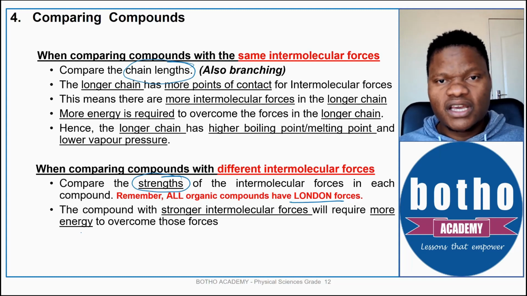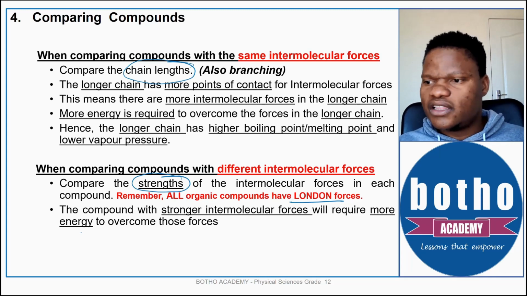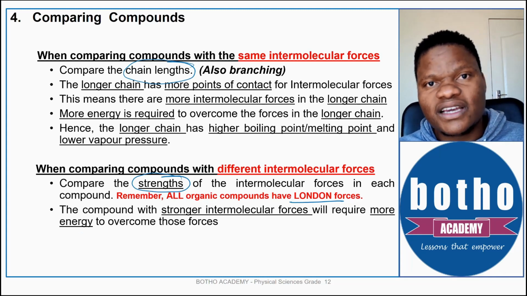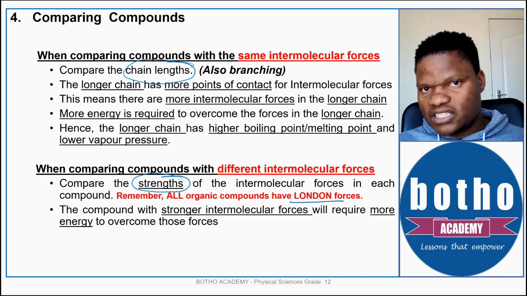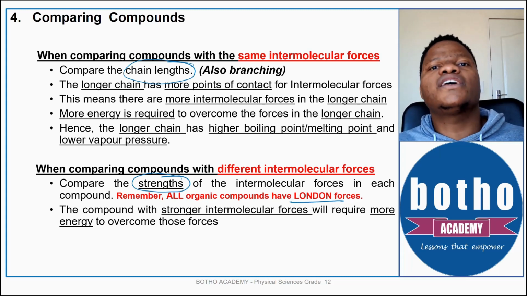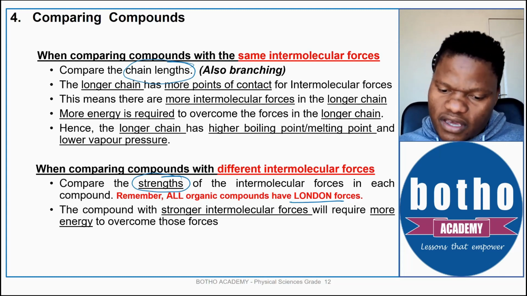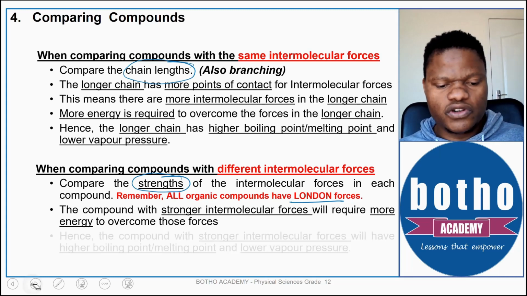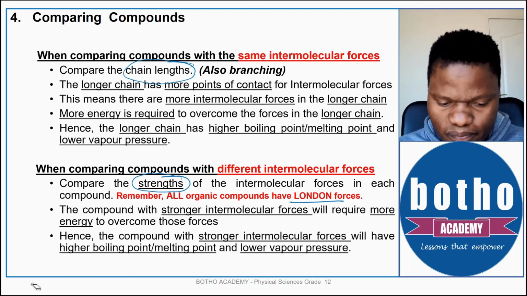You have to mention the type of intermolecular forces that exist between these molecules and the type that exist in the other molecules, and then also indicate that this type of intermolecular force is stronger than the other one, therefore it will require more energy to be overcome, and hence will have a higher or lower boiling point. And that's exactly bullet point number 3.